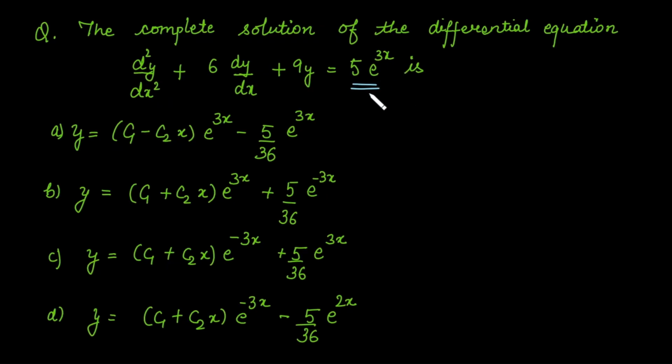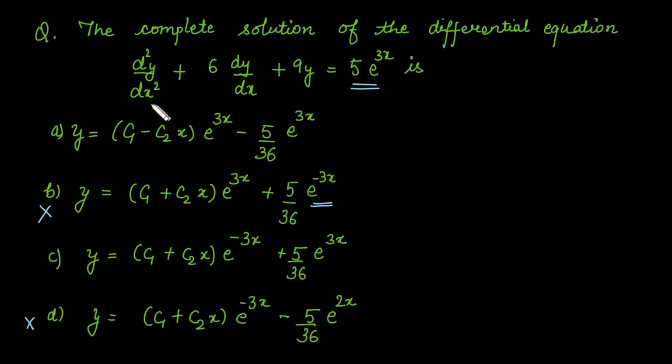It means the particular integral will be of the form e raised to power 3x with a constant. In option B, it has minus 3x in the particular integral, so clearly we can discard option B. In option D, it has e raised to power 2x. Again, we can discard this option because the particular integral cannot be of the form e raised to power 2x. Now, the answer is either A or C.